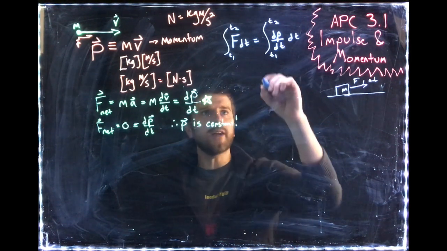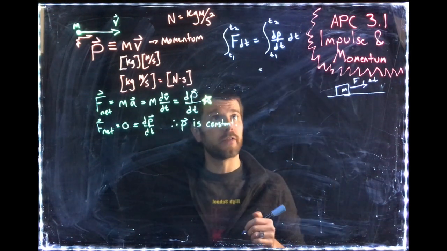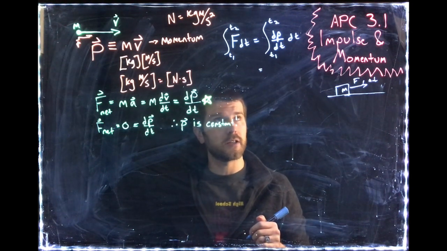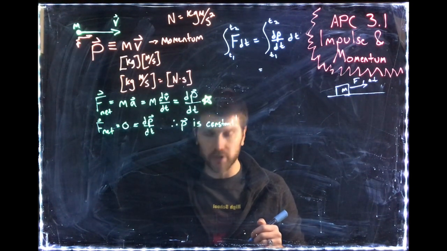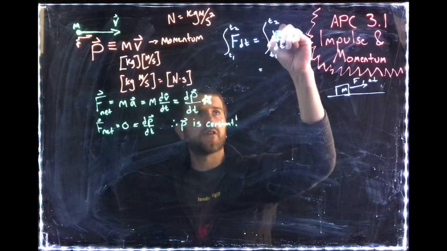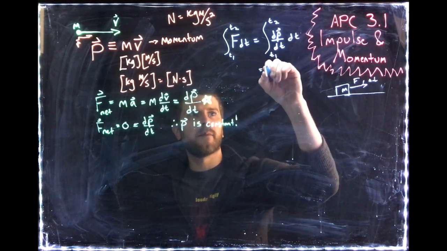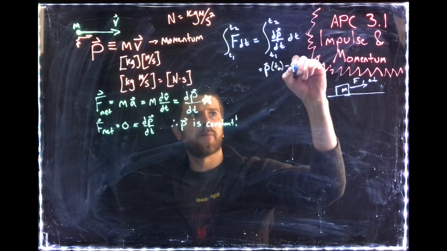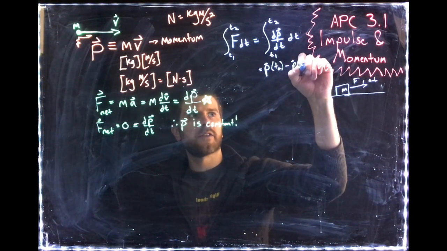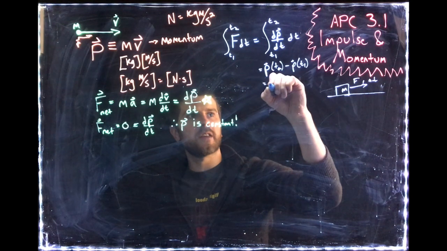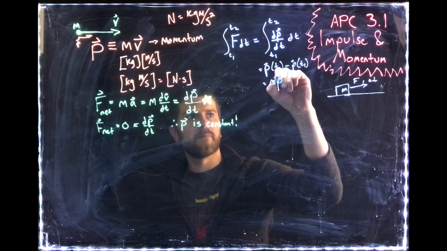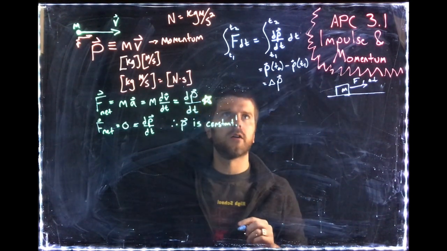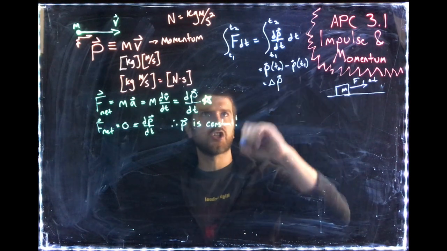Well, on the right side, notice I'm taking an integral of a derivative, and for those of you taking calculus, integrals and derivatives are opposites of each other. So what I actually get is my momentum at time 2 minus my momentum at time 1, which we're just going to write as the change in our momentum.